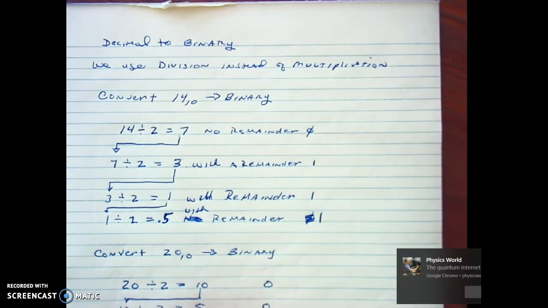So now we have a decimal or a remainder, so that's going to be a 1. So we're going to take the 2 divided by 2. Well, that gives me 1, so that's a 0. And now we're going to take 1 divided by 2. That gives me a decimal, 0.5. So we're going to get a 1.